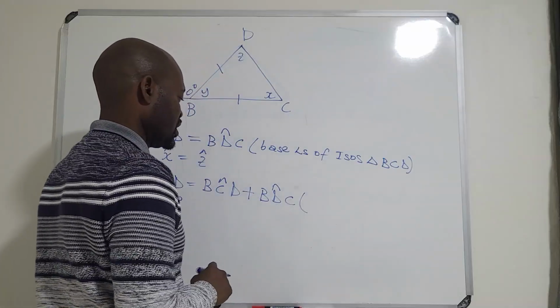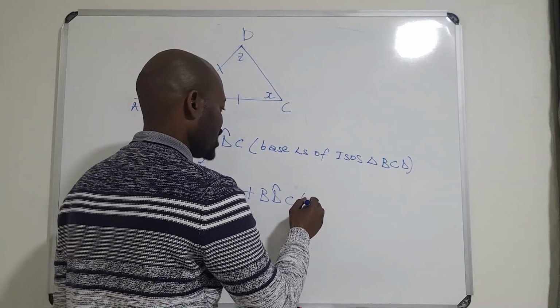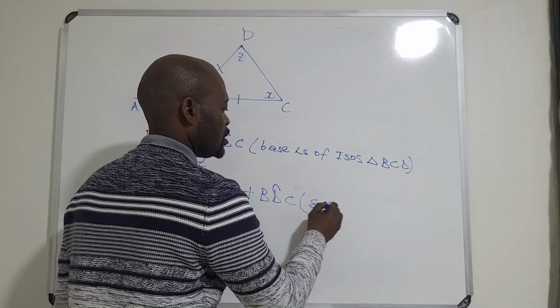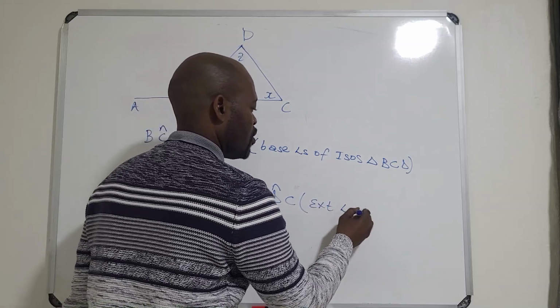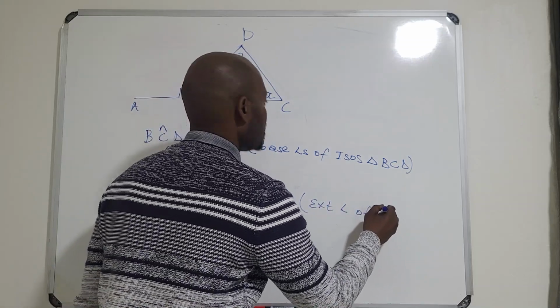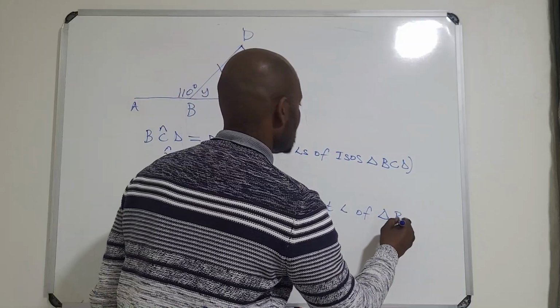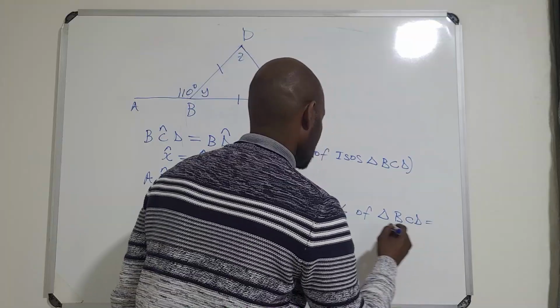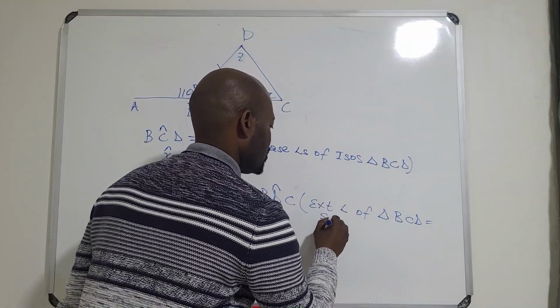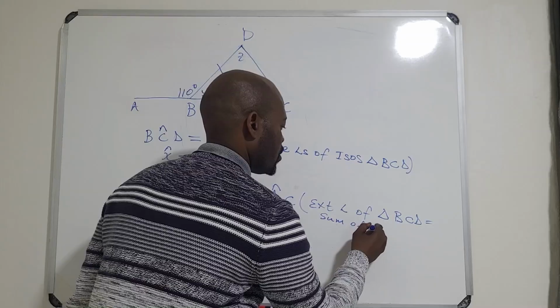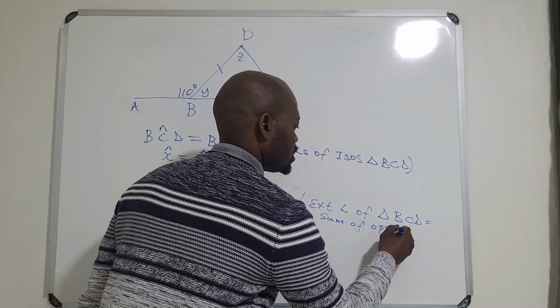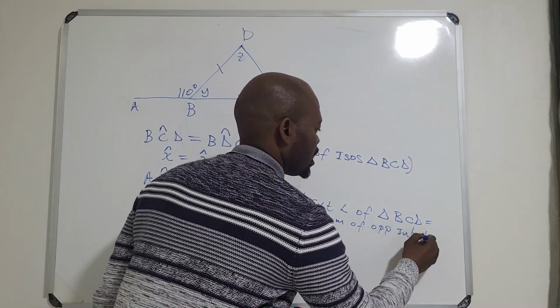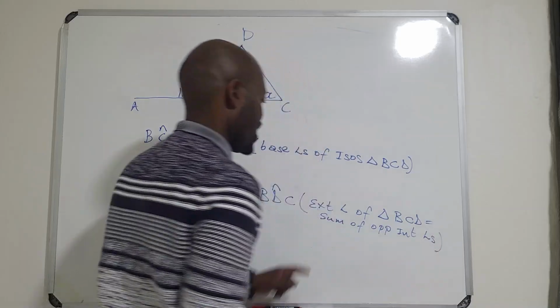But we must not forget to give the reason that the exterior angle of triangle BCD is equal to the sum of opposite interior angles.